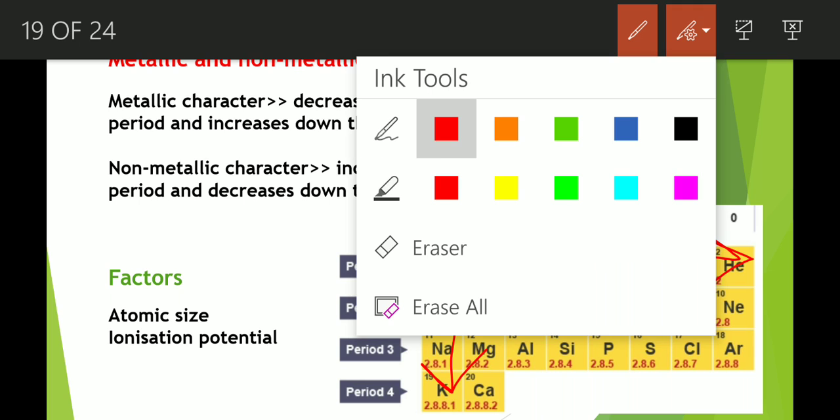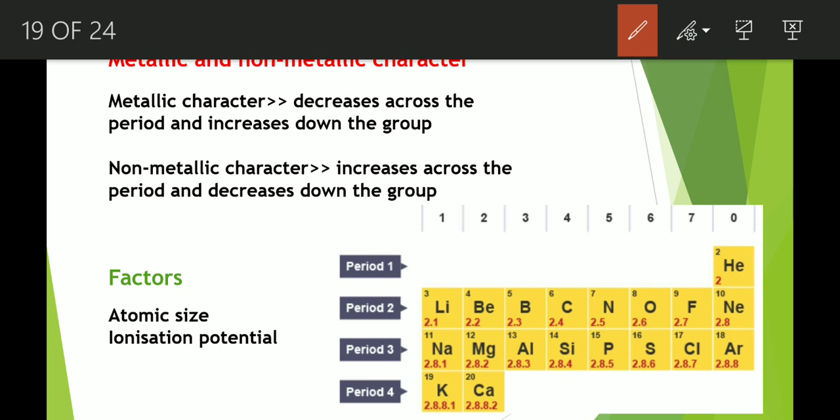These two characters depend upon two factors, atomic size and ionization potential. Both these properties depend upon these two factors.